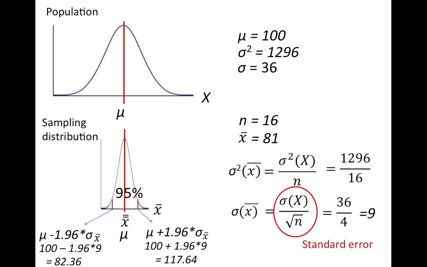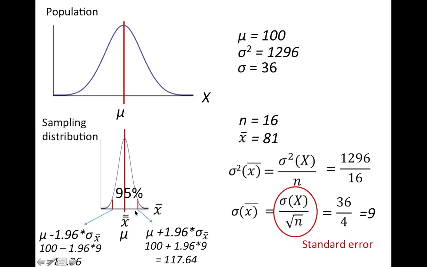What does this tell us? Well, if we take a sample of the size 16 from this population, and calculate the mean of this sample, in 95% of the times, we should get a sample mean that is between 82.36 and 117.64. In our sample, we had a sample mean of 81.